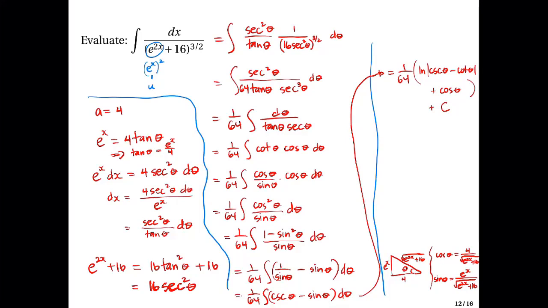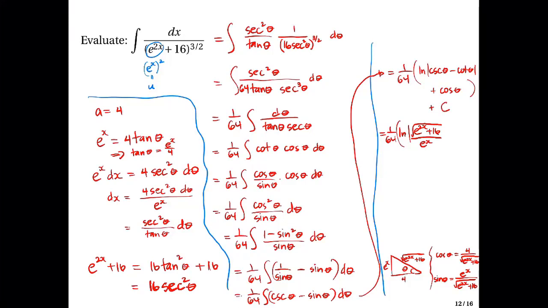Therefore, we will have 1 over 64 quantity ln absolute value. Cosecant theta, it's square root of e to the 2x plus 16. So you get the square root of this divided by e to the x. And then for the cotangent, it's just the reciprocal of this.